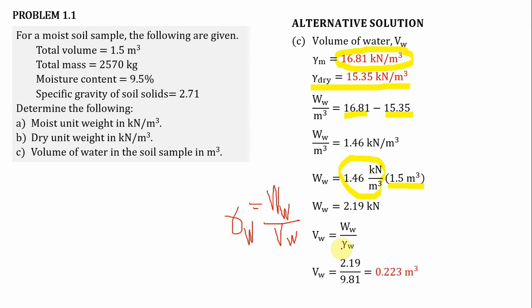Which is equal to 2.19, that is the weight of water, divided by 9.81 kilonewton per cubic meter. Unit weight ng water, constant to, 9.81 kilonewton per cubic meter. So, ang answer natin is 0.223 cubic meter.